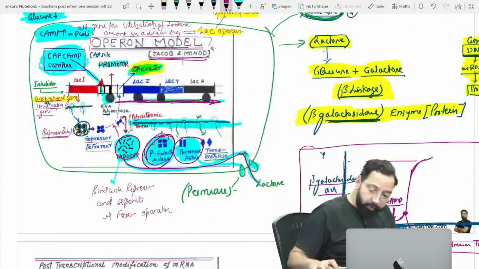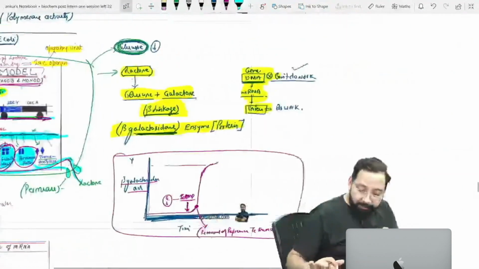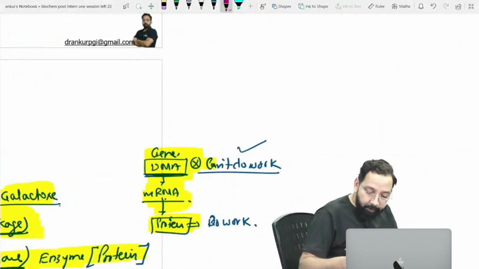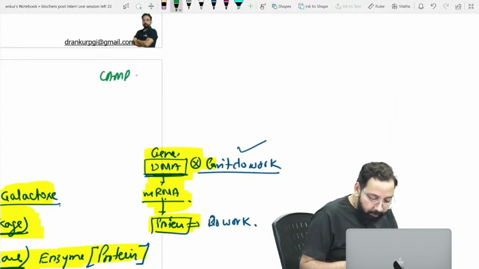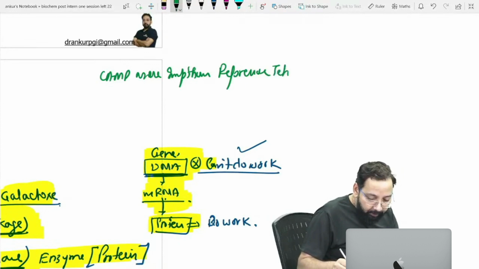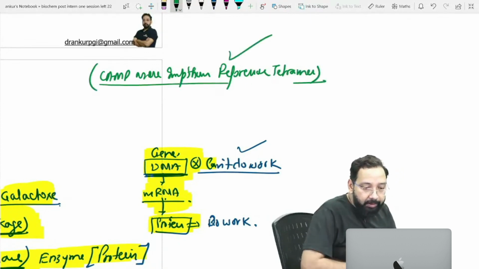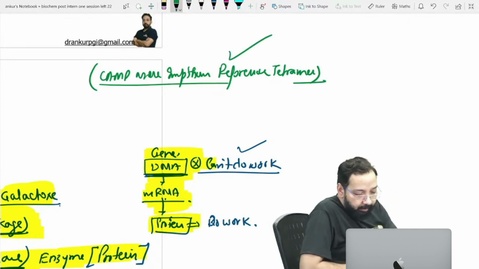Now remember, girlfriend is more important than boyfriend. Yes, you have seen so many movies. So cyclic AMP is more important than repressor tetramer.